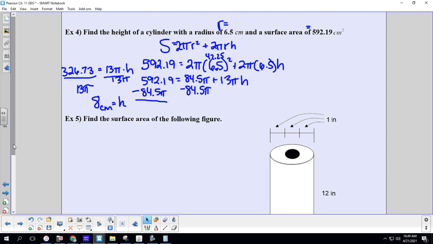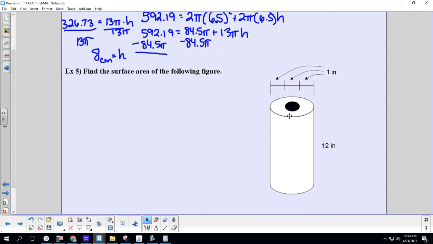Look at this fun little roll here. We have a little paper towel roll, and we want to find the surface area. So we want to find just the regular area of the cylinder, but we're going to minus out the hole. And I don't know why, but my brain would not wrap around how to spell the right hole.